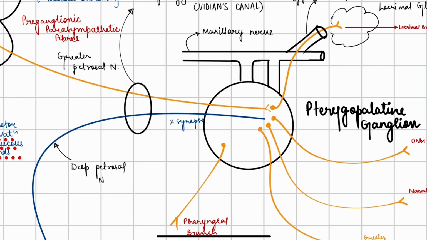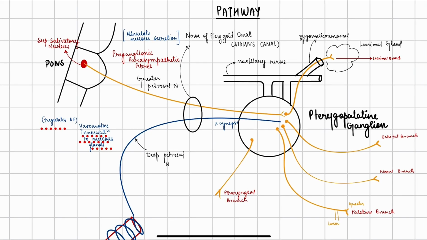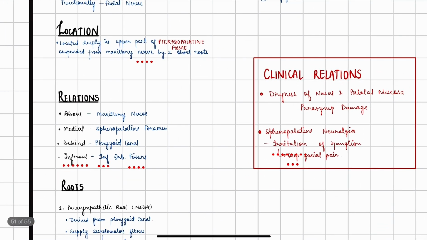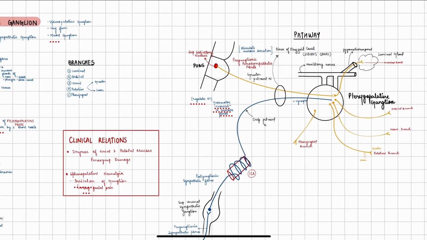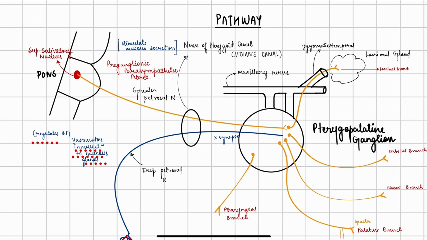I explained the submandibular ganglion with a diagram, and here also I will explain this pathway through a diagram. If this diagram is clear, then everything about this ganglion will be clear. So this is the pterygopalatine ganglion, suspended by the maxillary nerve by two short roots. We will study the relations, but before that, let's see the pathway.